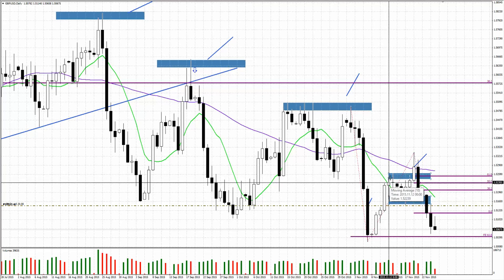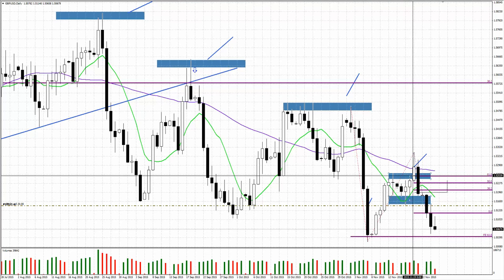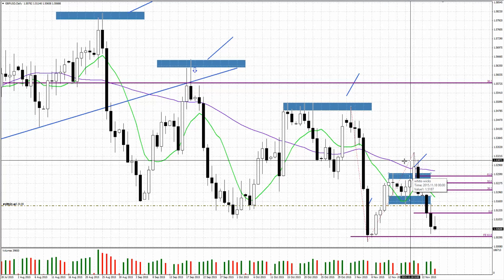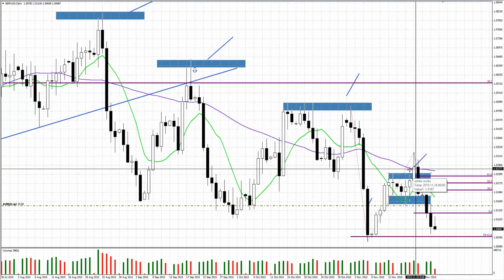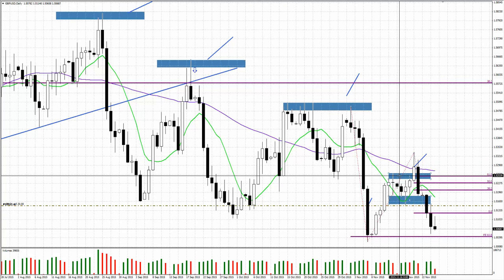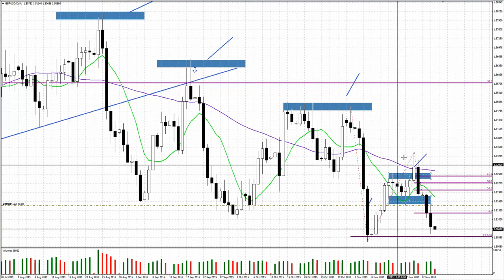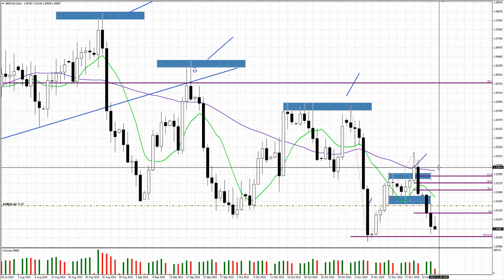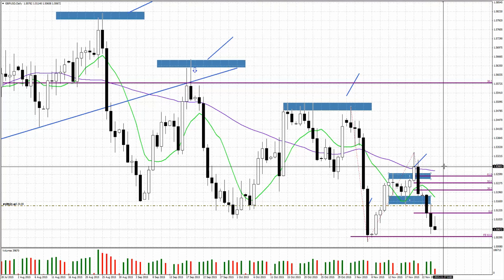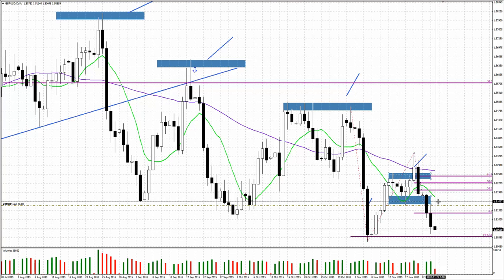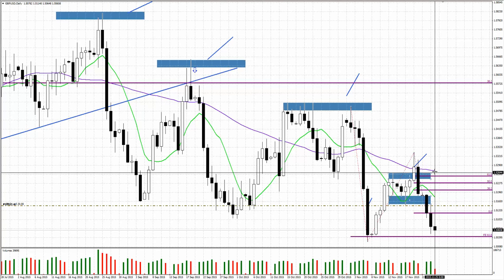This is a base of 1, 2, 3, 4, 5, 6, about 6-7 days, which is very strong, very good for short-term traders to start to create some positions. Since I'm a short-term trader, my original risk in this selling position was just above this area here, and that was about 110 pips.